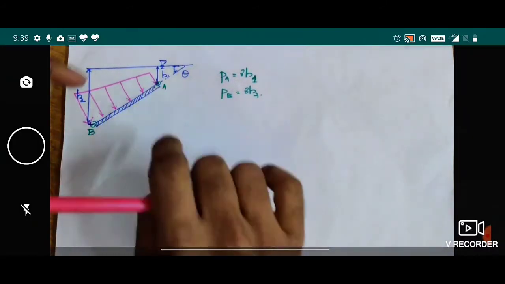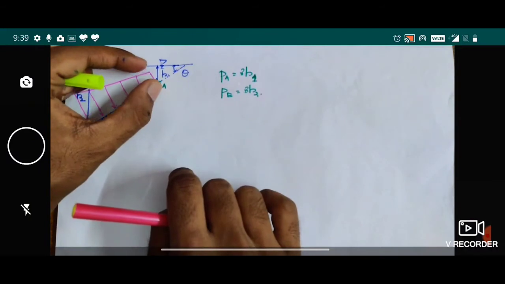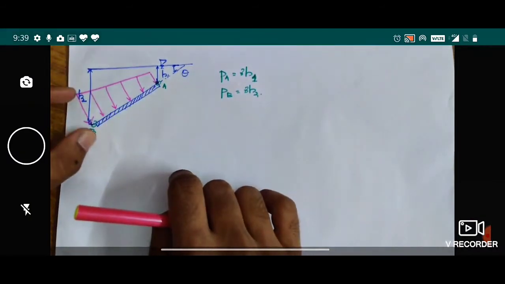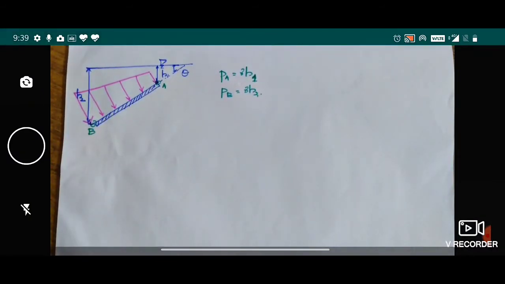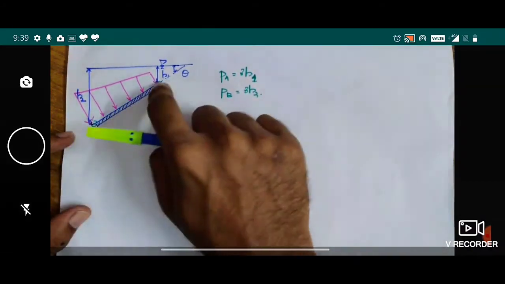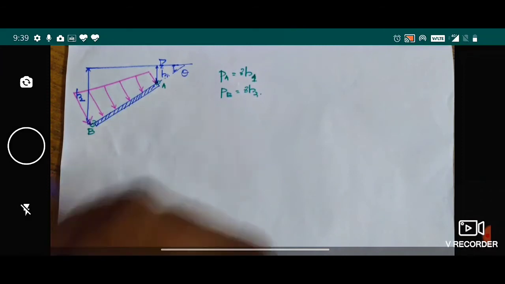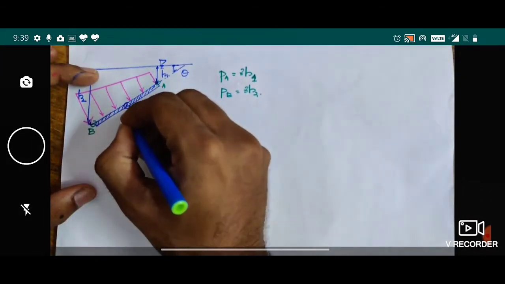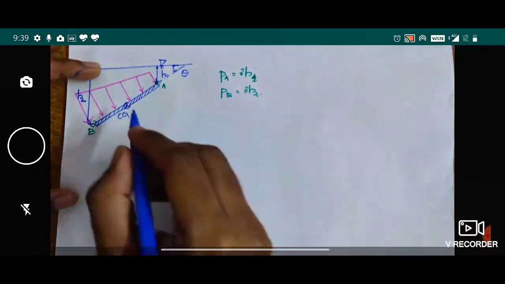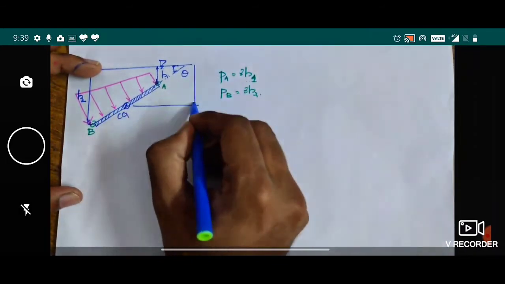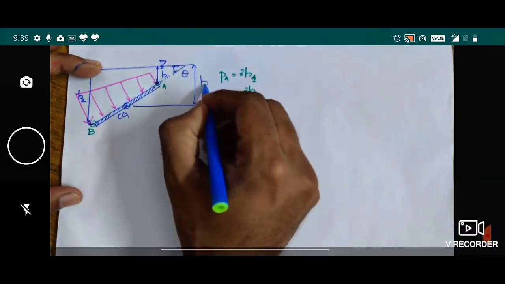The ordinate here will be gamma into h1 and this will be gamma into h2. Here also, this is assumed to be symmetrical, so it has a center of gravity somewhere at the center, and the depth of the center of gravity from the free liquid surface is h bar.